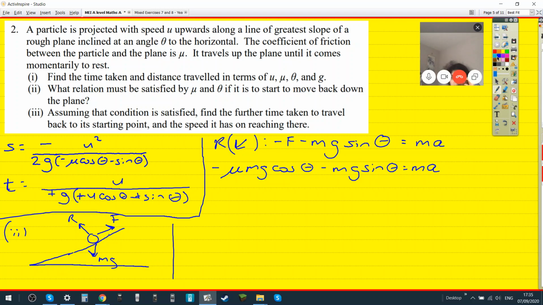And then the vertical one, if you resolve vertically, it's just R equals mg cos theta.